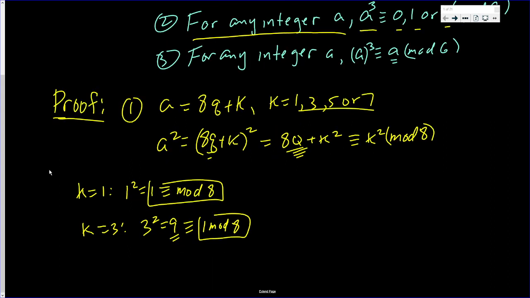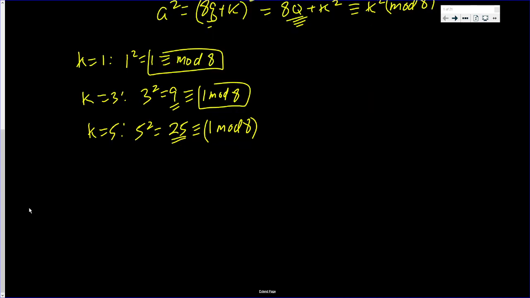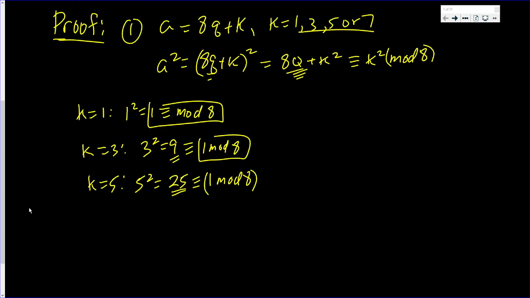So once again, we got 1 mod 8. Now, if k is equal to 5, well, 5 squared is 25. Oh, that's 1 more than a multiple of 8. It's 24 plus 1. That is, the remainder is 1 when you divide by 8. So we keep getting the right type of answer.